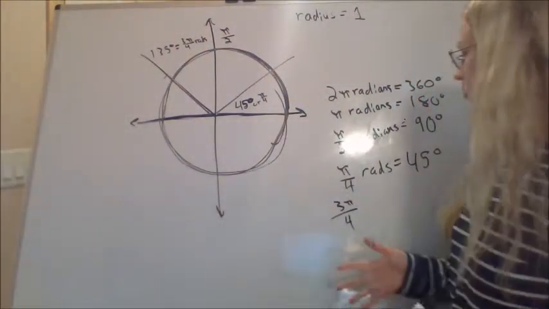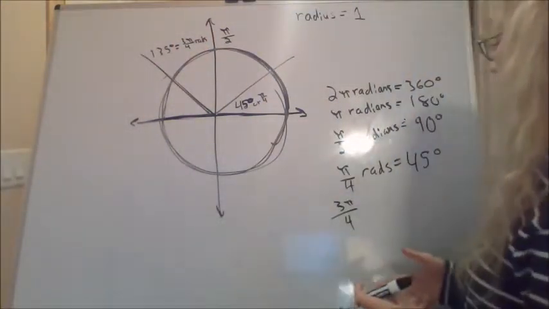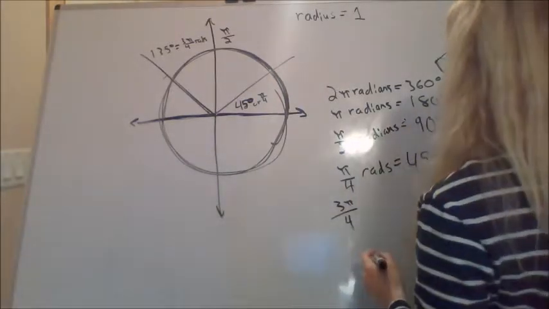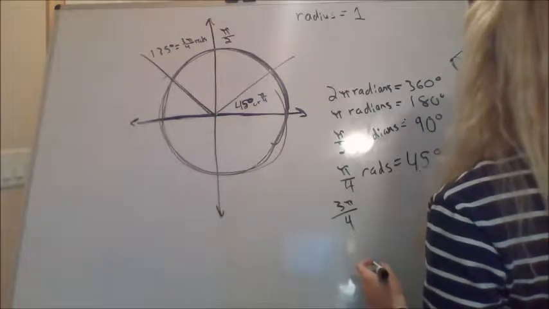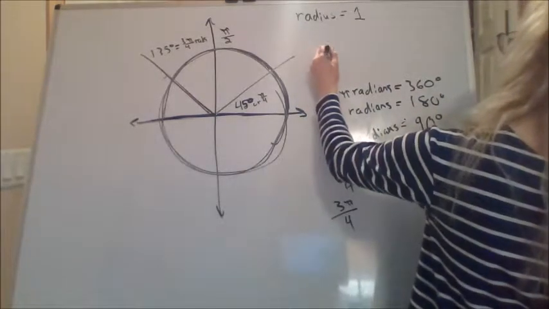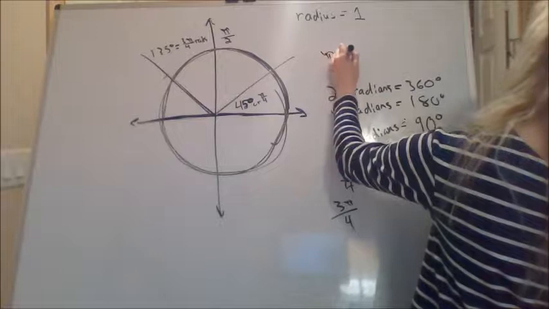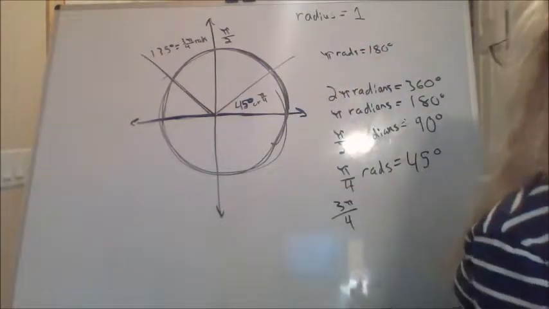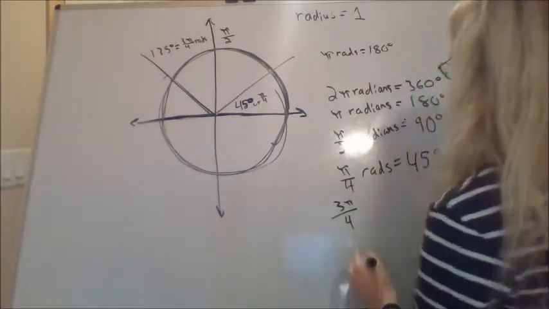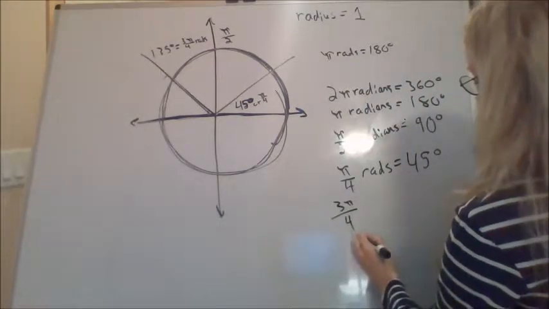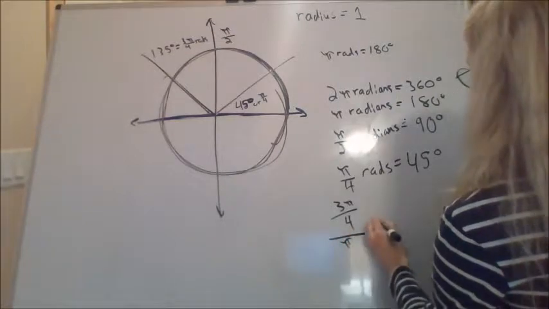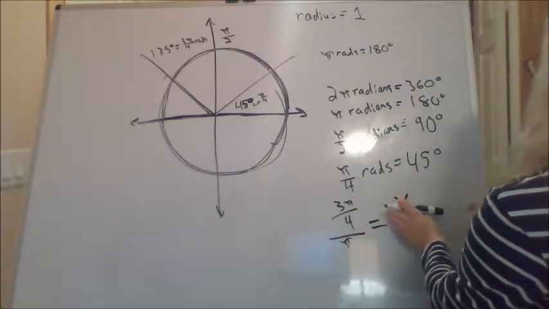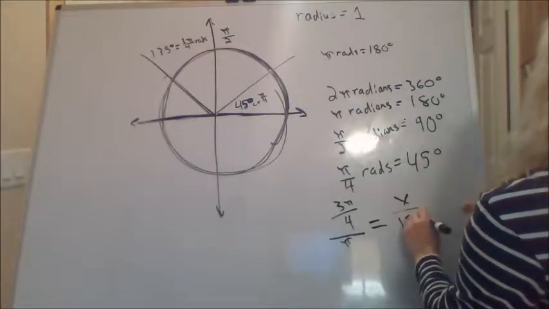Now, if we weren't able to just use our common knowledge and our intuition to figure out the angle measurements, we could have also used another method where we say, since pi radians is equal to 180 degrees, then we can set up a proportion, and we can say that 3 pi over 4 radians divided by pi is going to be equal to x, the angle measure in degrees that we want, divided by 180 degrees.